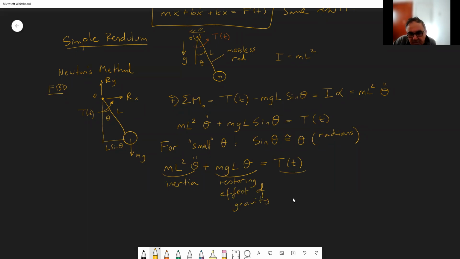And this is the external torque. So this is the approximate linear equation of motion. So this is linearized equation of motion. For equation of motion, I will use EOM in short.